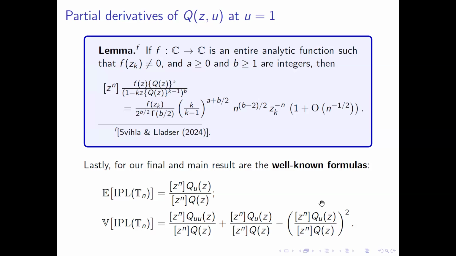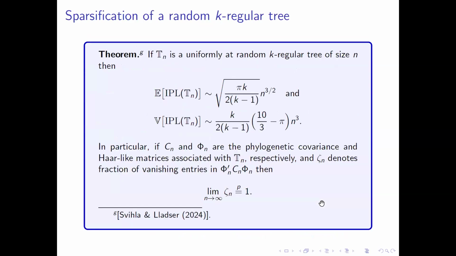Now we have everything we need to use these well-known formulas for the expectation and variance of internal path length as functions of the size of the tree. And these are the results that we get. In particular, we can use this with an application of Cantelli's inequality.